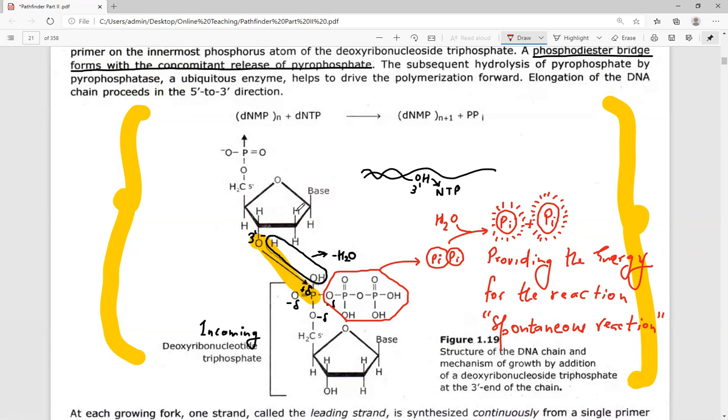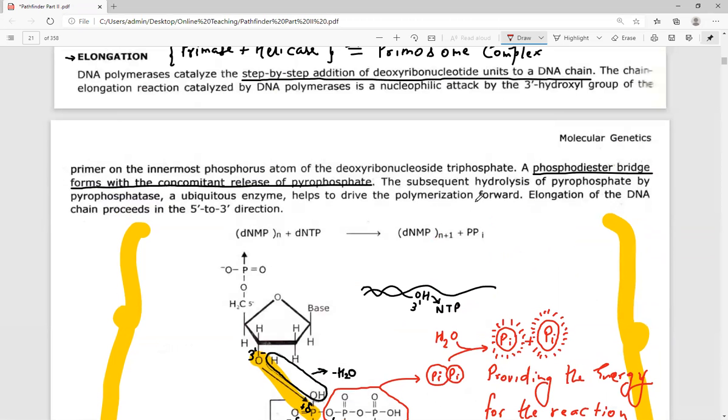Okay, so this is how the reaction is taking place. The subsequent hydrolysis of the pyrophosphate by pyrophosphatase, a ubiquitous enzyme, helps to drive the polymerization reaction in the forward direction. So you can see that the polymerization reaction is being moved in the forward direction.